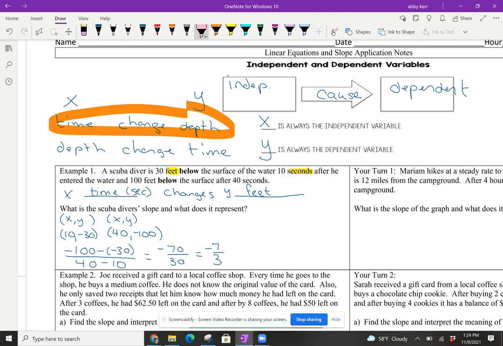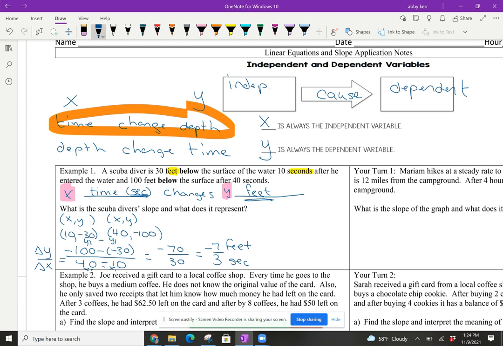Now, this brings back the importance of y and x. Y over x, or the change of y over the change of x, is our slope. This was our y2 minus our y1 over x2 minus x1. So our y is feet, and then our x value is in seconds. Now we can't actually go down 7 feet unless we have time that goes on.